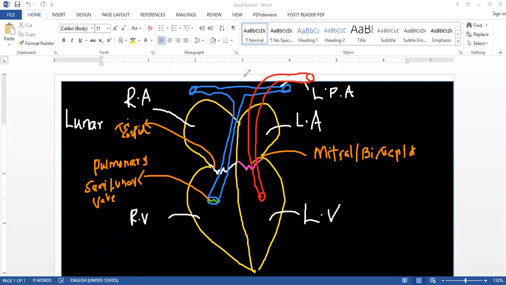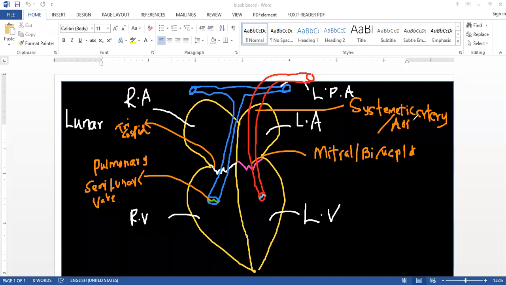And I can draw the valve here. This is also a semilunar valve, but present in the systemic artery or aorta, so I can say aortic semilunar valve. Aorta means Togudipirnadi.